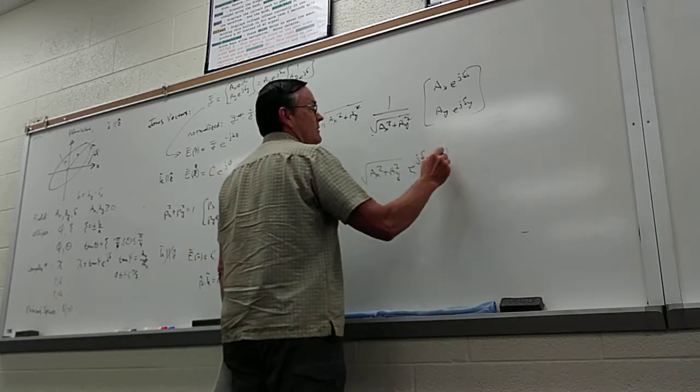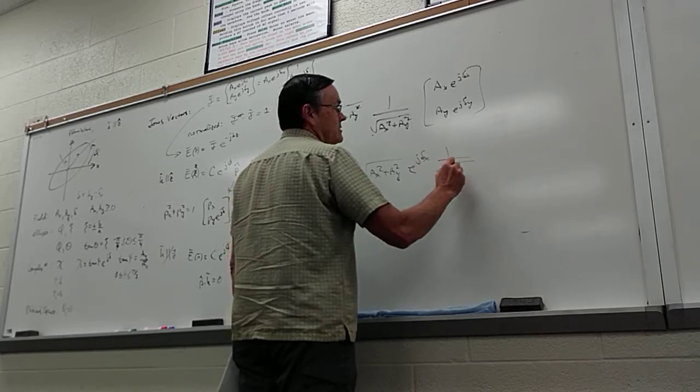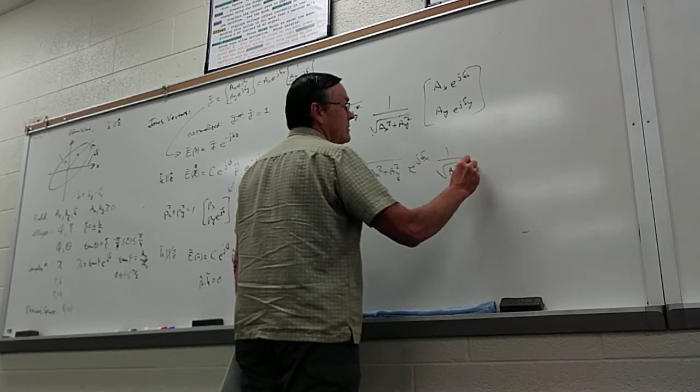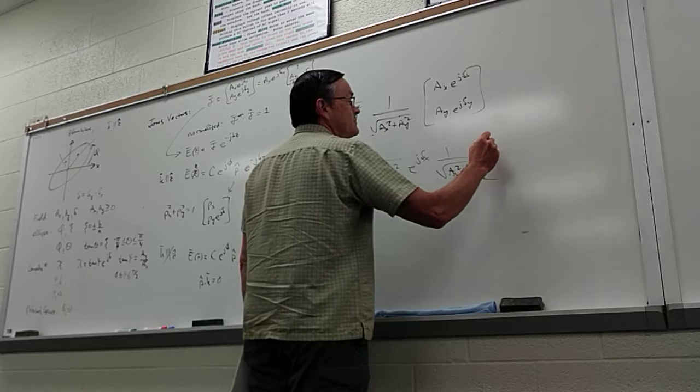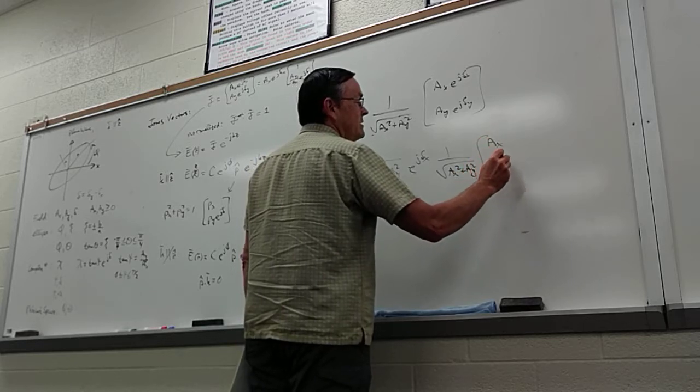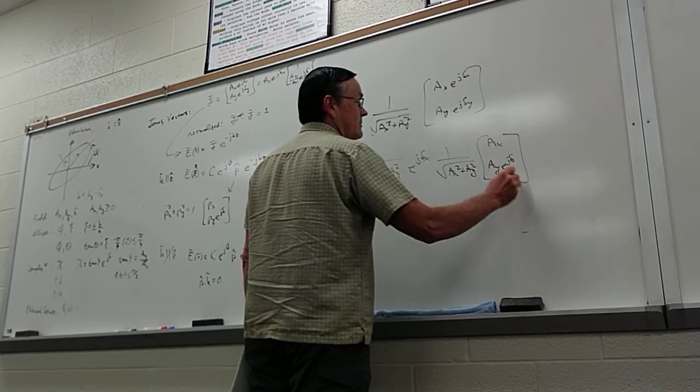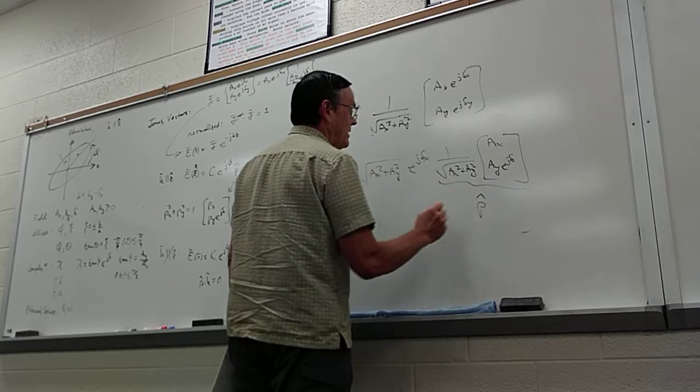And then we have 1 over the square root of ax squared plus ay squared, and then we have ax, ay e to the j delta. And now that's p hat.